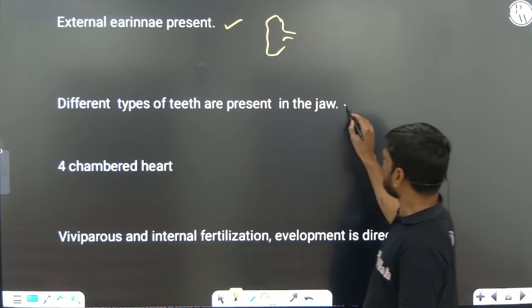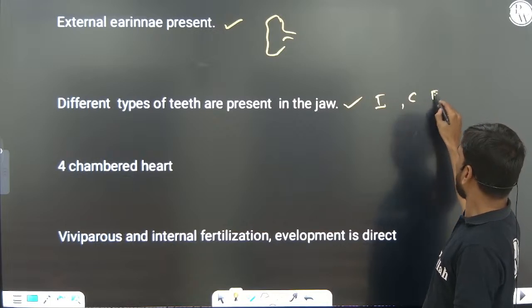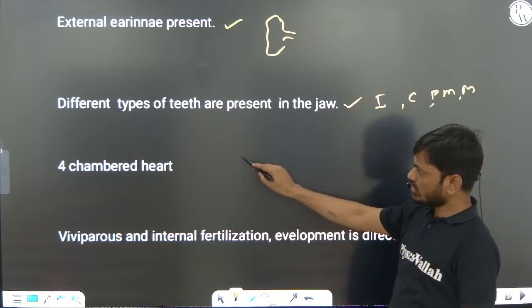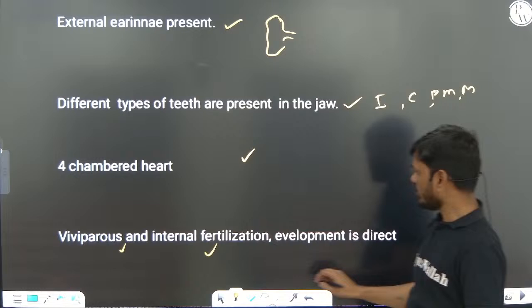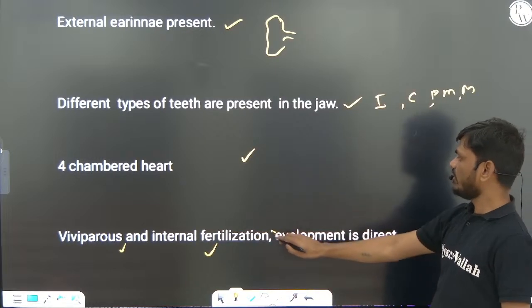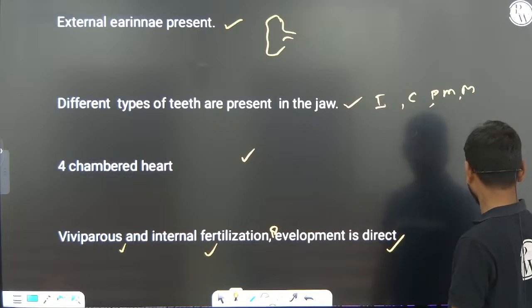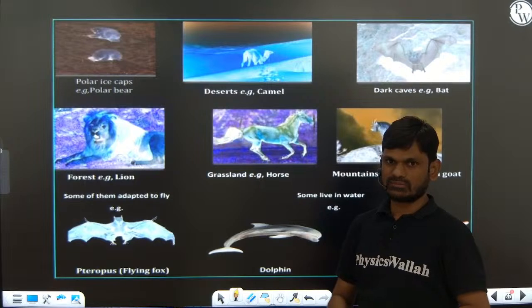Different types of teeth are present on the jaw: incisor, canine, premolar, molar. Four-chambered heart. Viviparous condition, internal fertilization, and development is direct. Right?